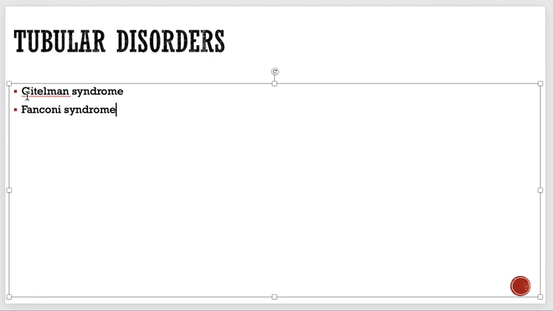Patients who have Fanconi syndrome present with polyuria and polydipsia. Why? We already did diabetes, and whenever there is an increased glucose load in the urine, we lose more and more water, so there will be polyuria, and the patient will feel more and more thirsty. So polydipsia, and it can lead to dehydration.